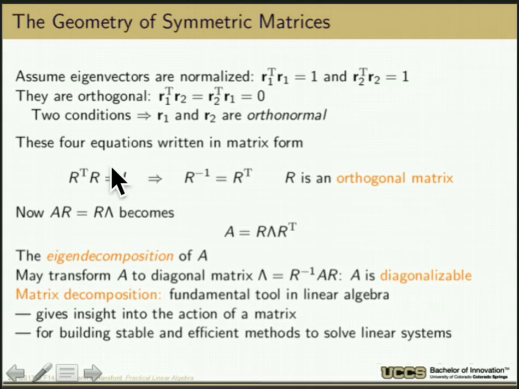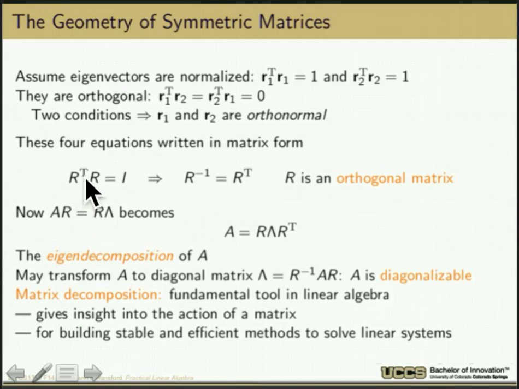That gives us the main diagonal, and the vectors are orthogonal, which gives us the off diagonals of 0. So R transpose R is the identity matrix, which means its transpose is its own inverse, and it's an orthogonal matrix. In fact, these two properties in general mean it's an orthogonal matrix.